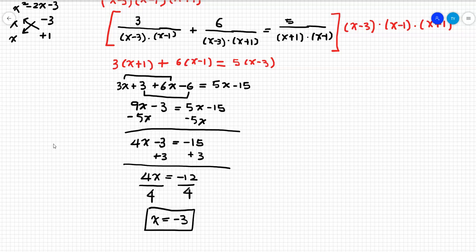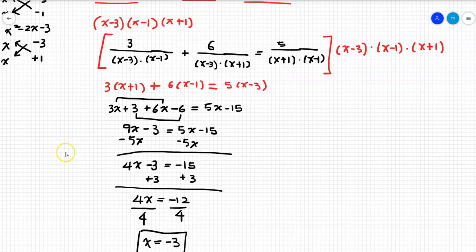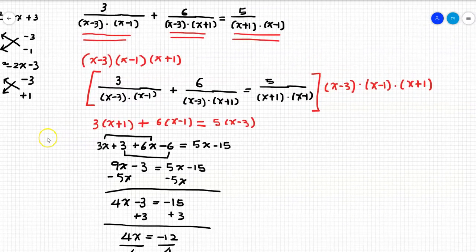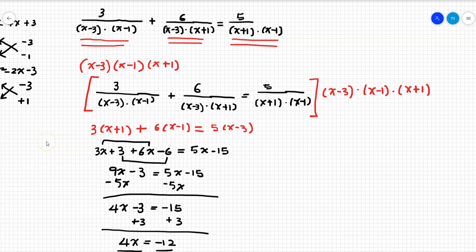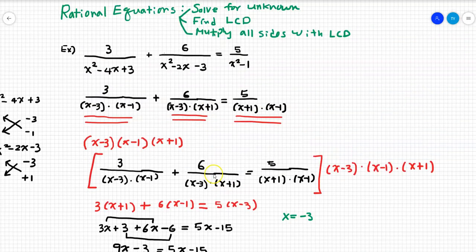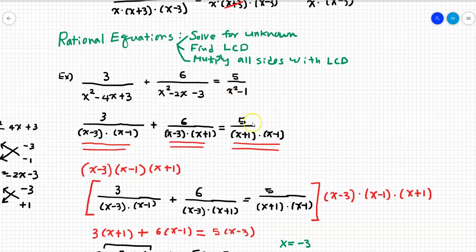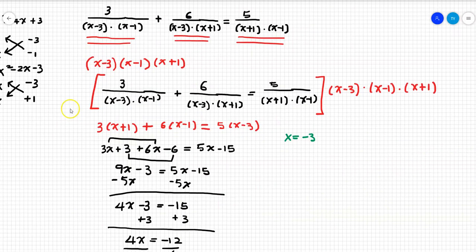So I'm going to plug that in, and I just want to make sure we got this one correctly. So we're going to plug in x equals negative 3. That's what we found. You can plug into the original equation over here, or you can do the second factored form. It doesn't make any difference.